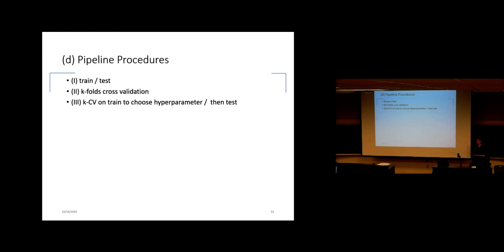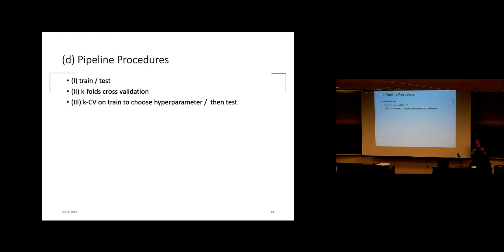How do you select them? You do grid search. You try all the possible values of those hyperparameters, and use cross-validation on train to pick the best combination of hyperparameters as reflected by the cross-validation.